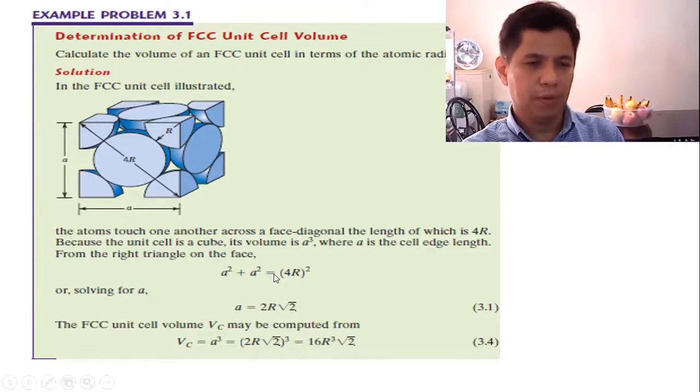So basically, if you transpose 2 to the other side, and then take the square root of this term, you're supposed to get 2 times R times square root of 2. So that's how you solve A.